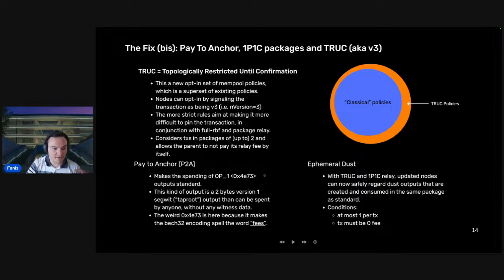But as you can see, we can combine pay to anchor and ephemeral dust in order to create ephemeral anchors.